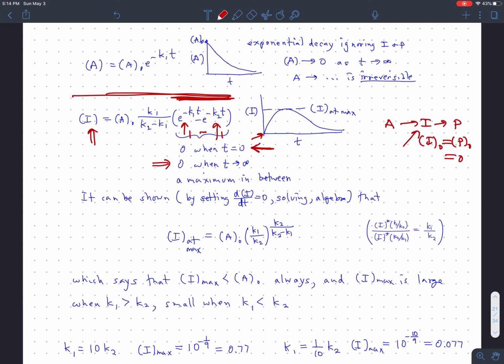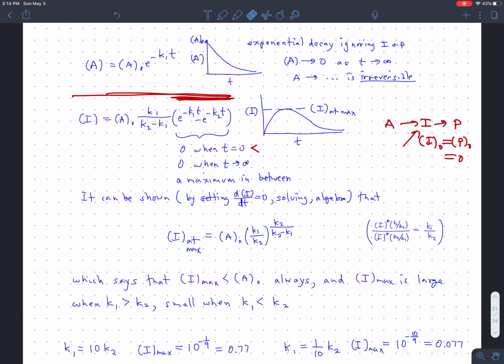Also, if we let the time go to infinity, then this exponential becomes a 0, right? We get e to the minus infinity here, and that exponential also becomes a 0. We also get e to the minus infinity. We get two zeros, and that means the intermediate concentration also goes to 0 when time goes to infinity.